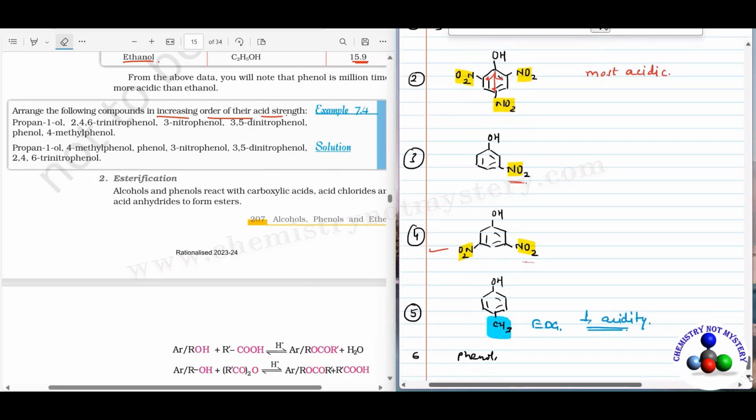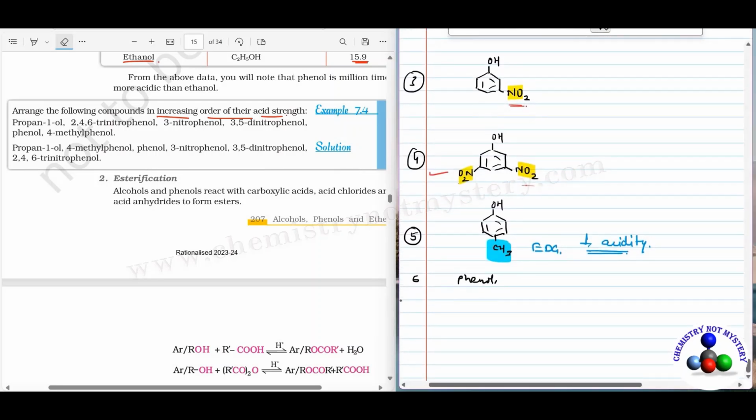Now when you arrange them in increasing order, 1 means propanol will be the least acidic. Then after propanol, 4-methylphenol will be less acidic than phenol, as there is an electron donating group bonded to the para position. So after propanol, the 5th structure will be there, then phenol.